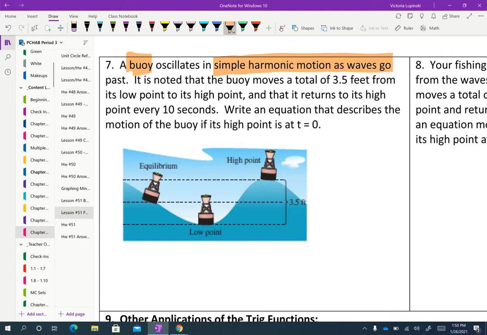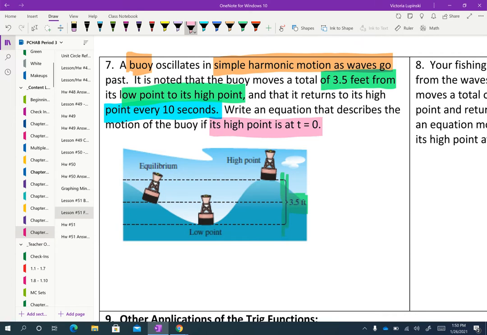It should be noted that the buoy moves a total of 3.5 feet from its lowest point to its highest point, and that is denoted here by 3.5. So all the way from the lowest point to the highest point. Then it is important to note that it returns to its highest point every 10 seconds. Write an equation that describes the motion of the buoy if its highest point is at t equals 0.